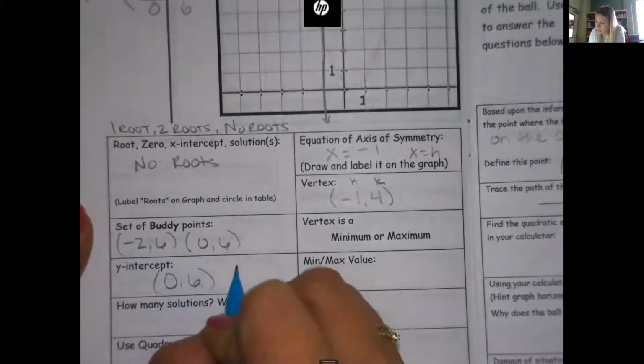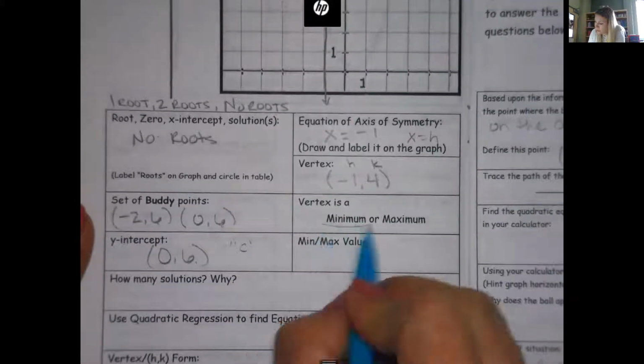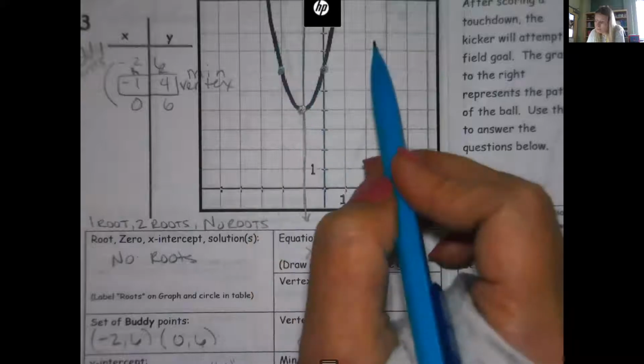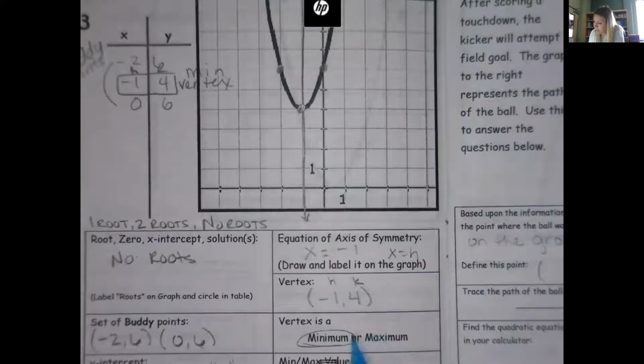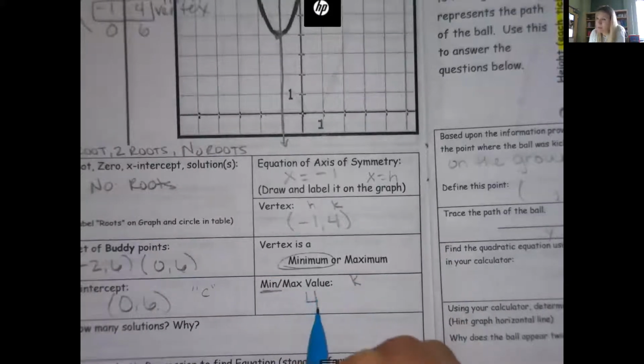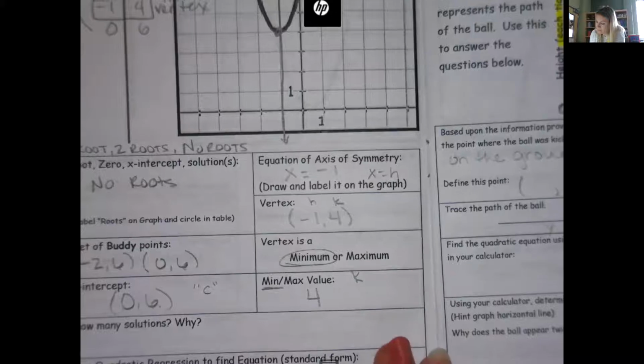Remember, this is our C on our equation. Our vertex was a minimum because it is opening up, and this is going to be a min value. Remember, this is always your K. So our minimum Y value is going to be 4.